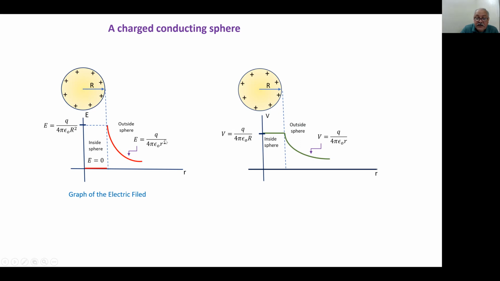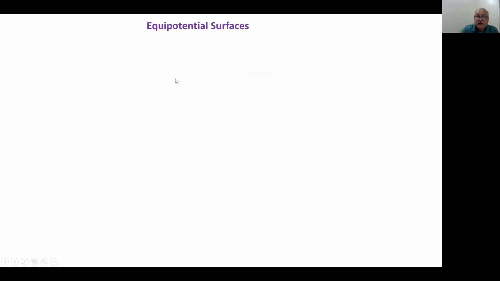See the difference? The field is divided by r squared, and this is only divided by r. So the field decreases faster than the potential. Correct? Great. Perfect. This is more or less how this sphere behaves. And this is for the potential.